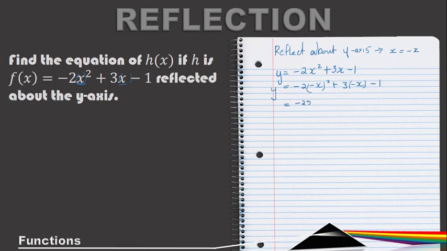So this is then just going to be positive x squared. Minus and a plus becomes a negative, so this is negative 3x minus 1. And then we have our equation as h(x). So h(x) is equal to minus 2x squared minus 3x minus 1.